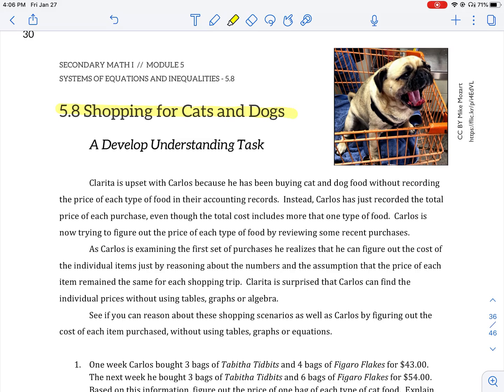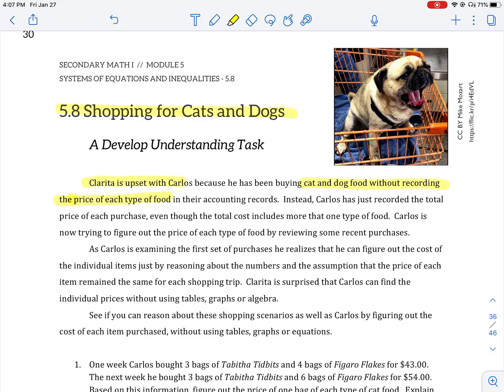So there's some more issues with the relationship right now between Clarita and Carlos because people have been buying cat and dog food without recording the price for each type of dog food in their accounting records.